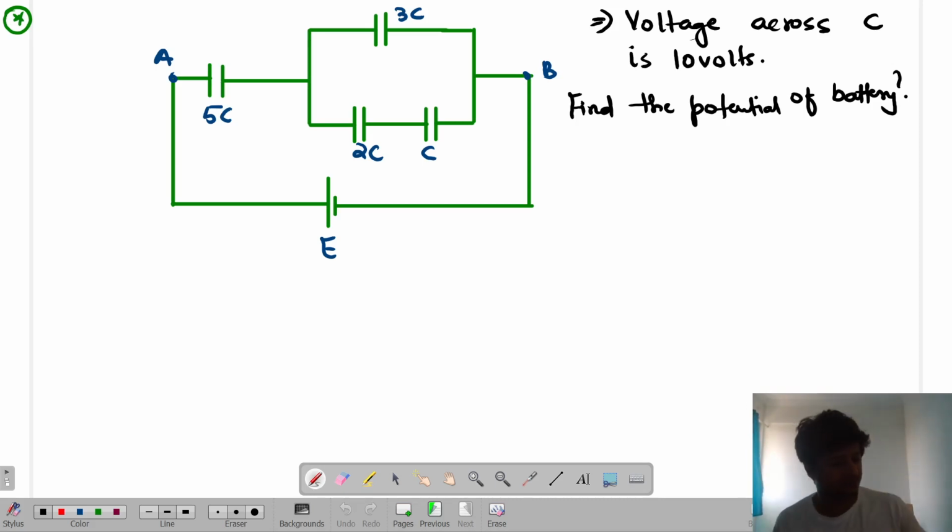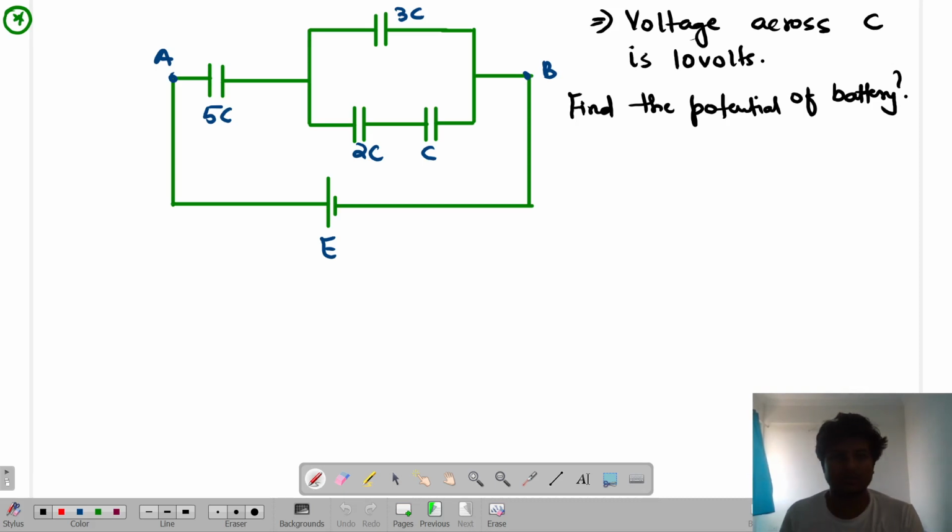Did they teach you KCL and KVL for capacitors also, or did they teach you in current electricity? They taught us in current electricity, not in capacitors. Okay, so I'll do it before. For both cases, capacitors and current electricity, tomorrow I'll do the full theoretical way, but today I'll do the trick basis.